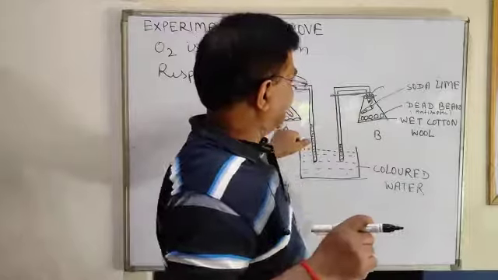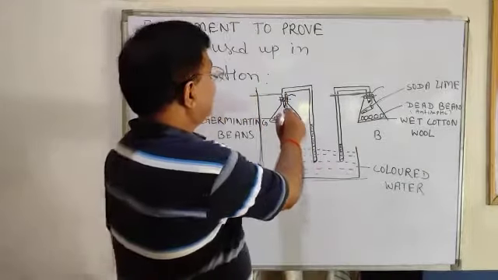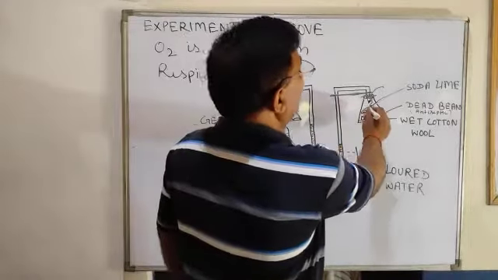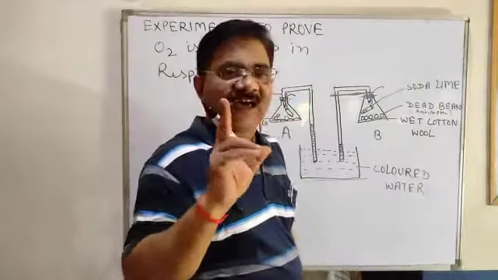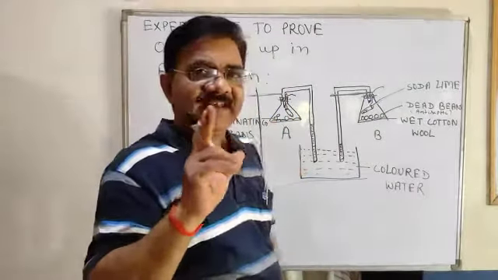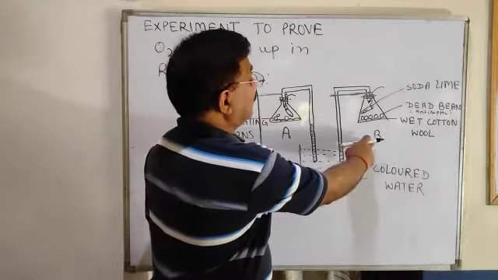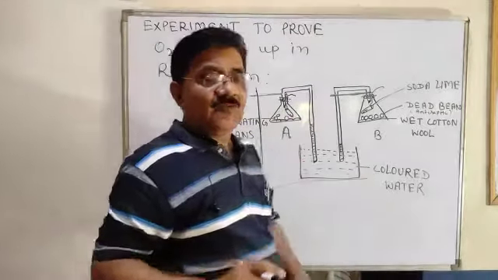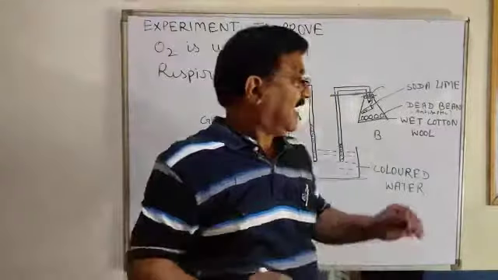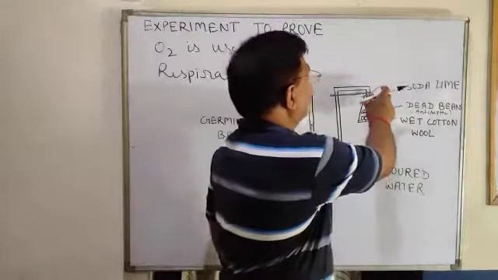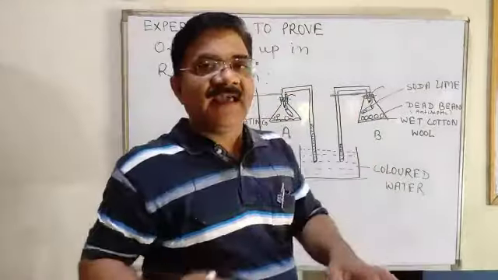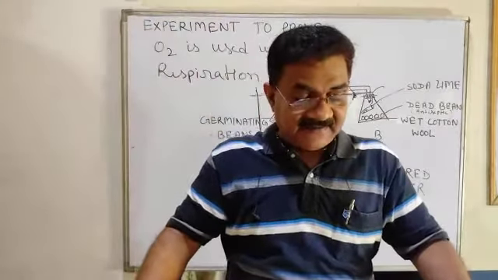And then one test tube, a small test tube containing soda lime, in both conical flask A and conical flask B. In the test tube we have taken soda lime, and with the help of thread we have made it airtight.